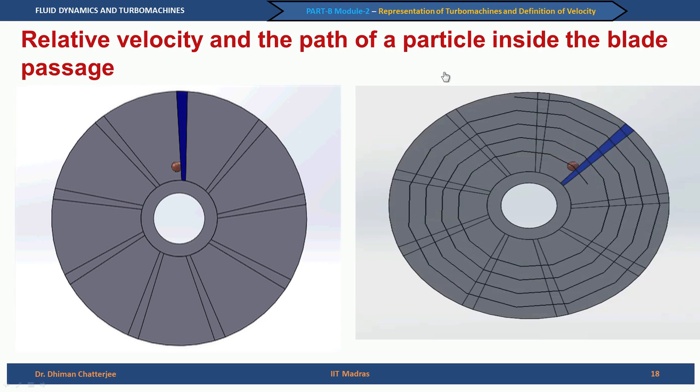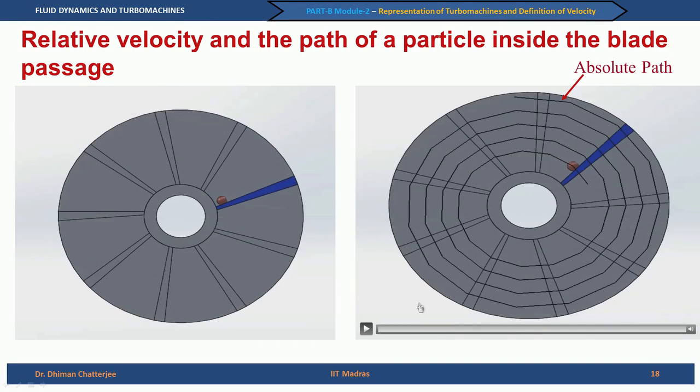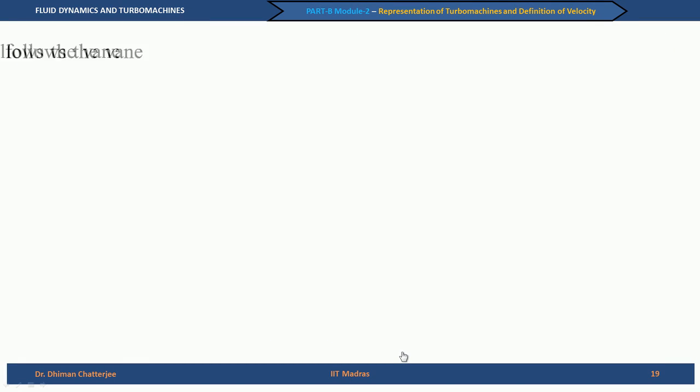This path is known as the absolute path for the fluid particle. Thus, we have to be very clear when we talk about velocities inside the rotating blades of a turbo machine, about the relative velocity and the absolute velocity, and the connection between the two is because of the vector relationships connecting the relative velocity, the absolute velocity and the blade peripheral velocity. We will see that soon.